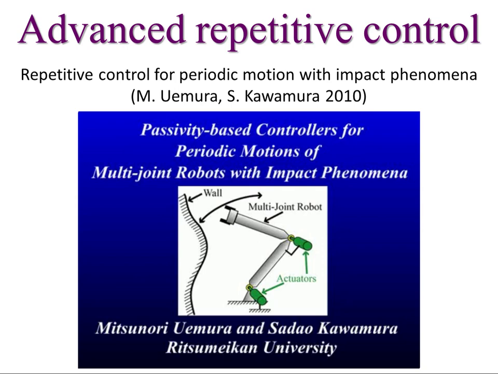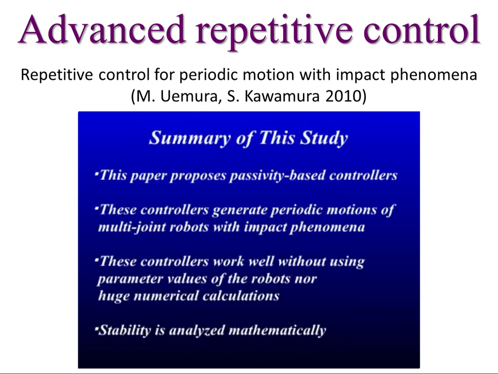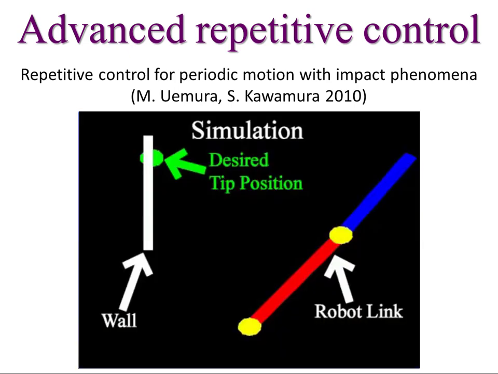The first is the application of repetitive control to periodic motion, including collisions. In the control methods we have introduced so far, the structure of the robot dynamics is assumed not to change during the control.